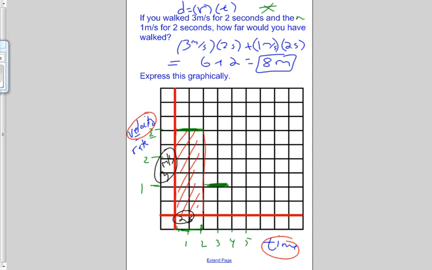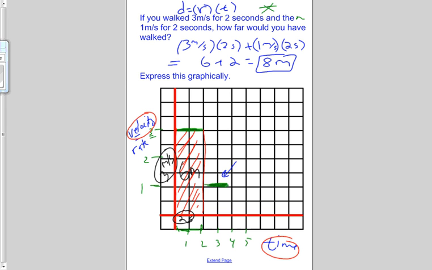If I multiply those together, this red shaded area here equals 6 meters.